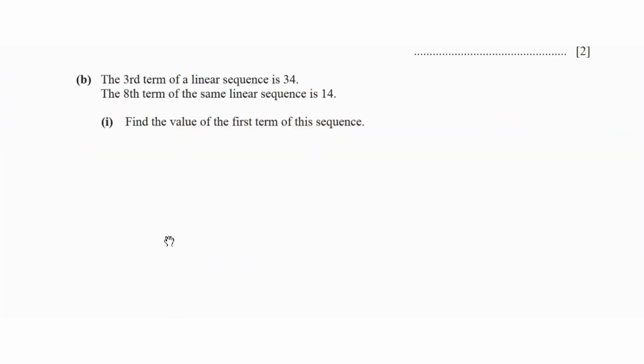Then it says the third term of a linear sequence is 34. The eighth term of the same linear sequence is 14. Find the value of the first term of the sequence. T3 is 34. T8 is 14. We have to find T1.